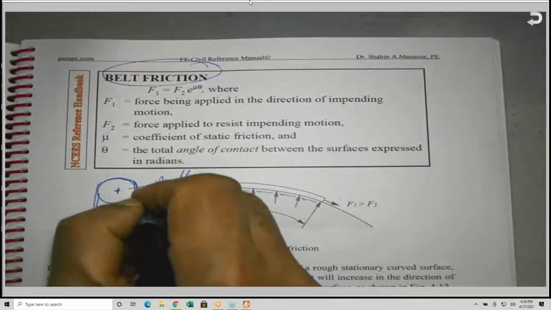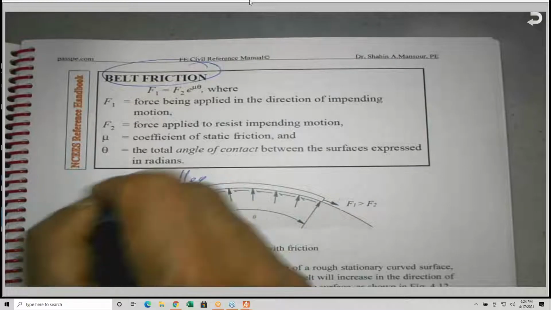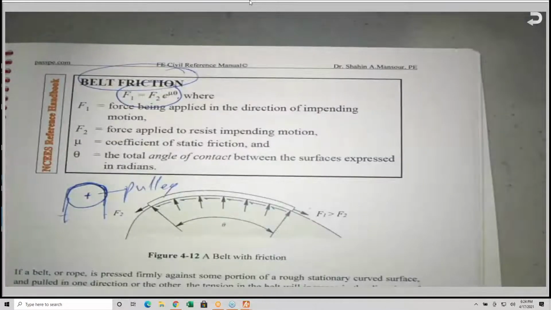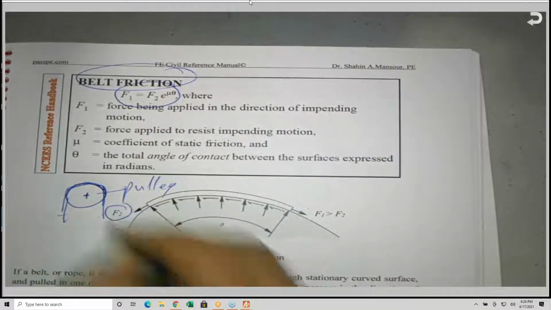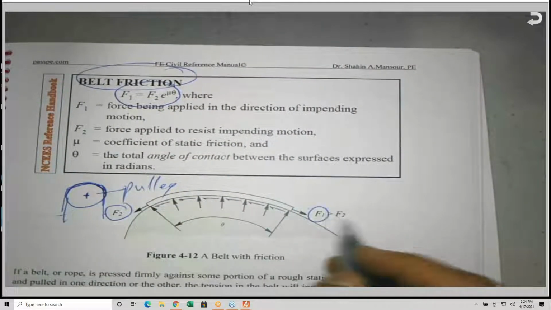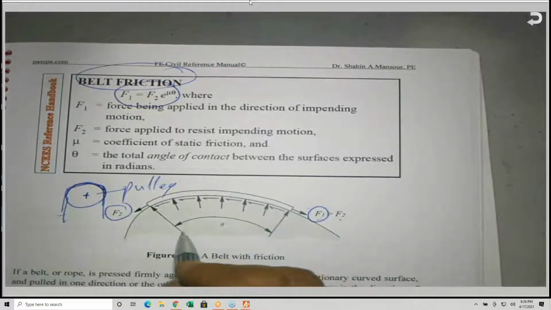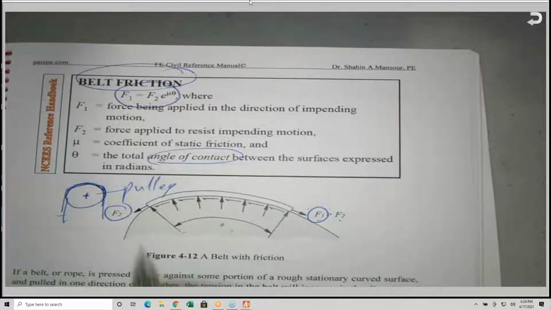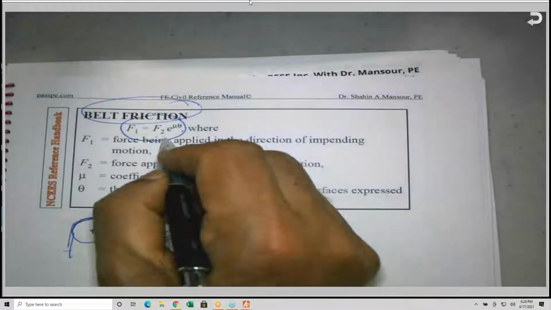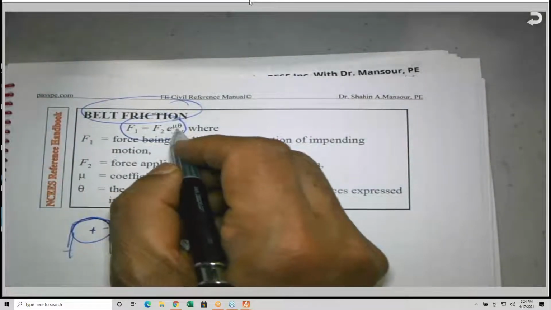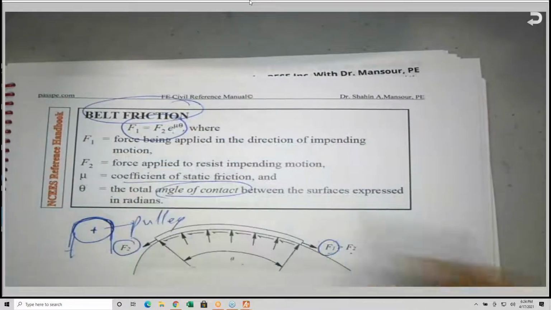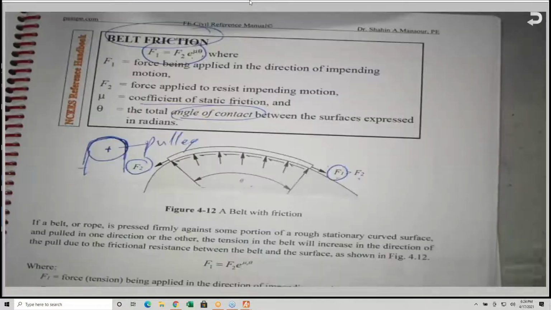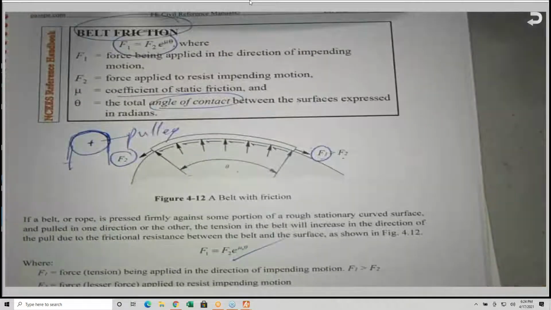But if we take friction into consideration, which we should, we use this equation, where this is F2 and this is F1, and this is called the angle of contact, theta. So the equation is F1 equals F2 times e to the mu theta, where mu is the coefficient of static friction. This is the equation that we should be aware of.